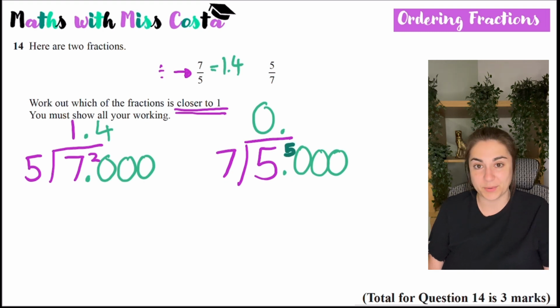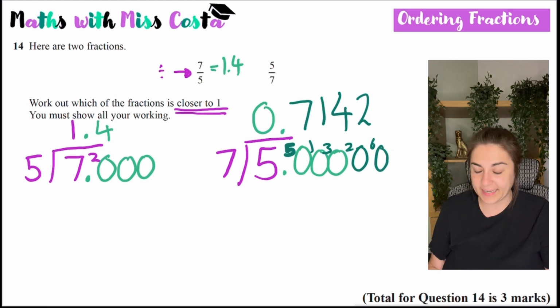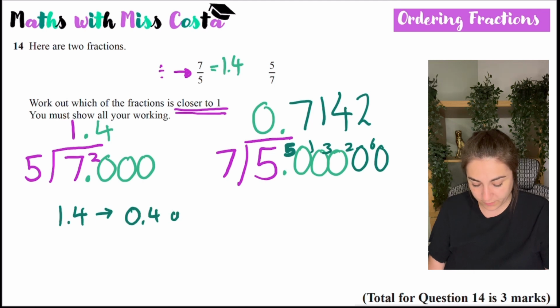And how many times does 7 go into 50? Well, 7 times 7 is 49, so that would be a remainder of 1. 7s into 10 go once, remainder 3. 7s into 30 go 4, remainder 2. 7s into 20 go twice, remainder 6. And you can see that this is going to be quite a long decimal, but I don't really need to know the next few digits because 1.4 is 0.4 away from 1, and then 0.7142.